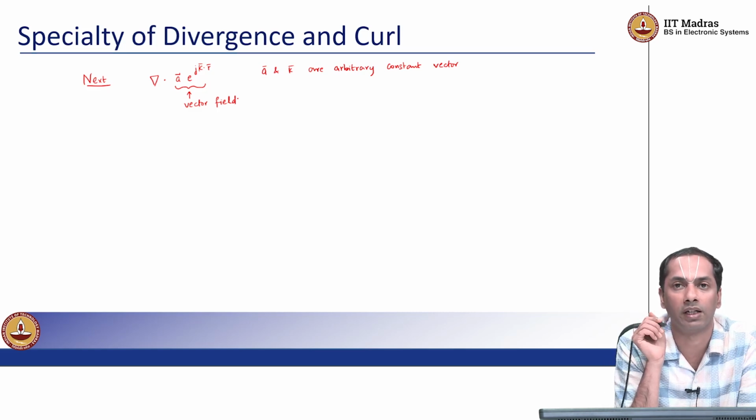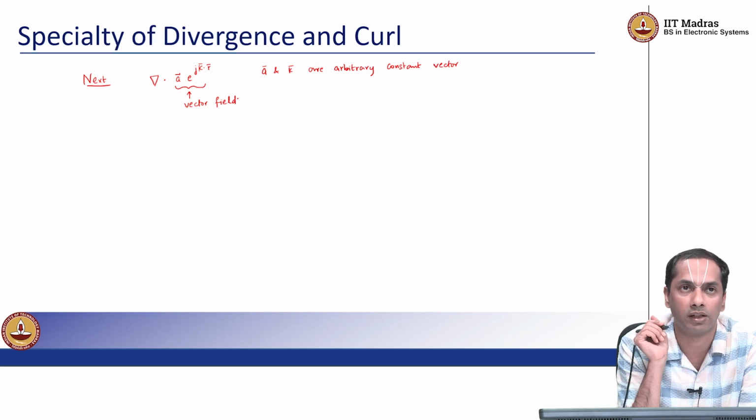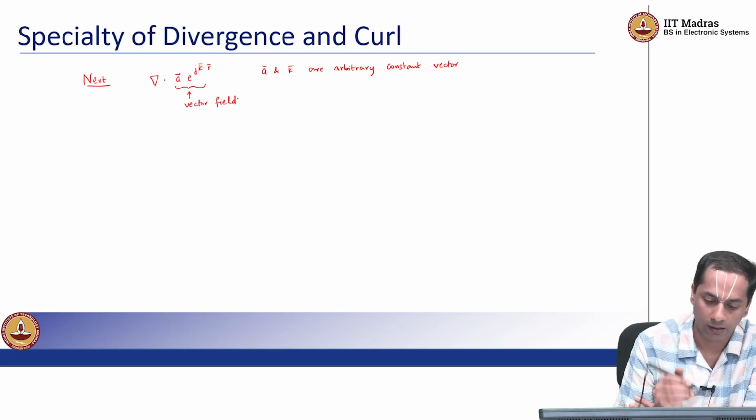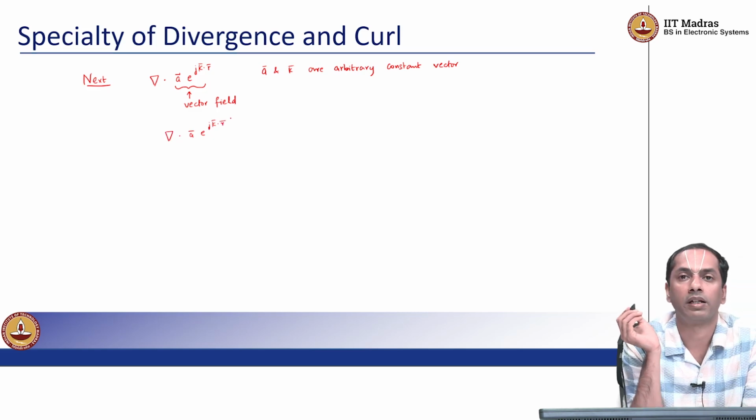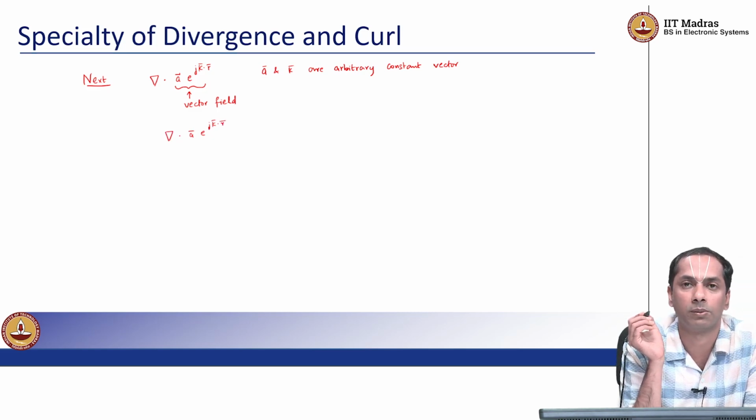Now when I apply the divergence, right, so the gradient can operate in two ways with vector fields. One is the divergence and the other is the curl. When we look at the divergence of this vector field, what do we get? So I'll let you do this exercise. Please try to pen this down on a piece of paper, right, so that you get used to dealing with derivatives, vectors, and vectors being operated with gradients and so on, right.